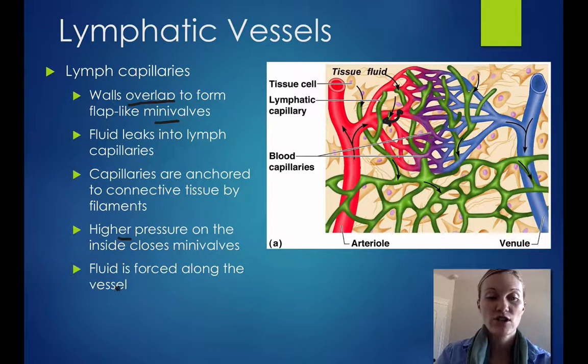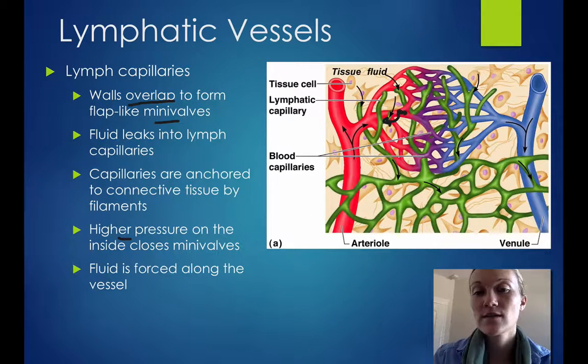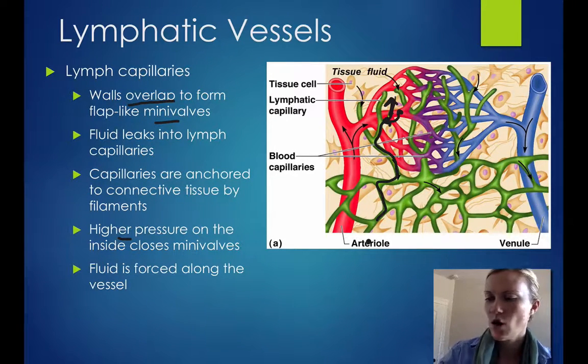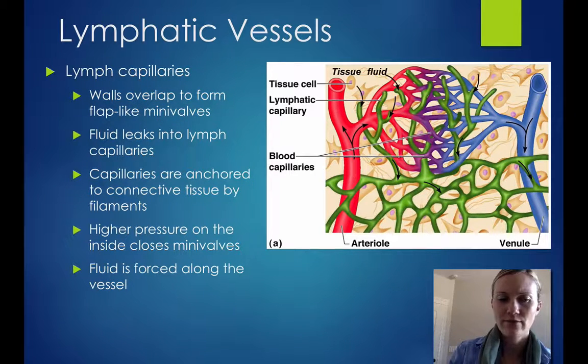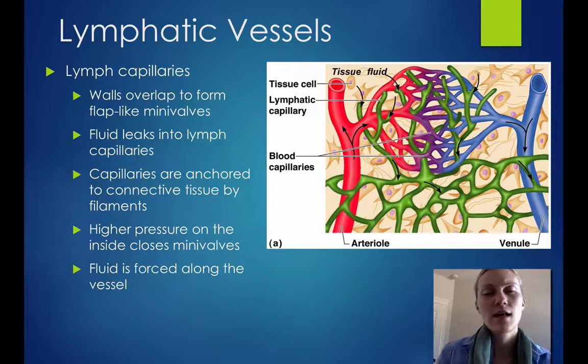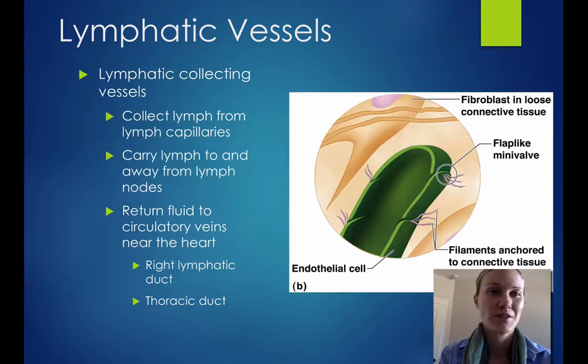Then higher pressure on the inside closes the mini valves, meaning that once escaped fluid leaves the arterioles or the venules, it can't just leave again. It's going to go in that one-way path and ultimately lead to a path that gets back to the heart. Fluid is forced along the vessels, meaning that it can't diffuse out. Once it's in that vessel, it's going to stay there until it's returned to where it's supposed to be.